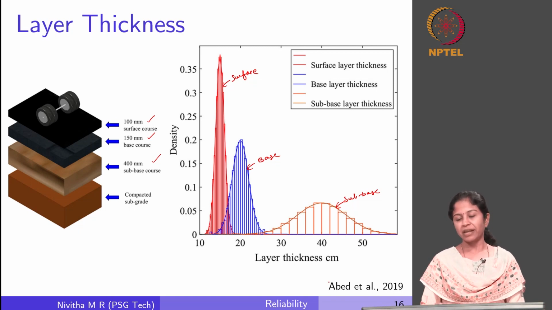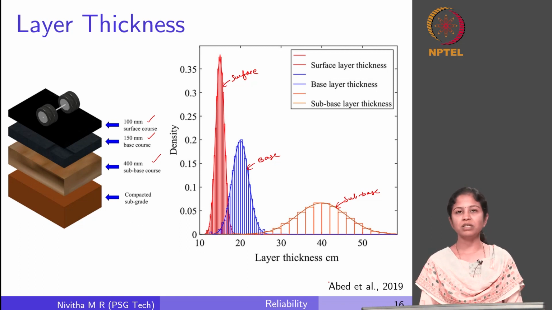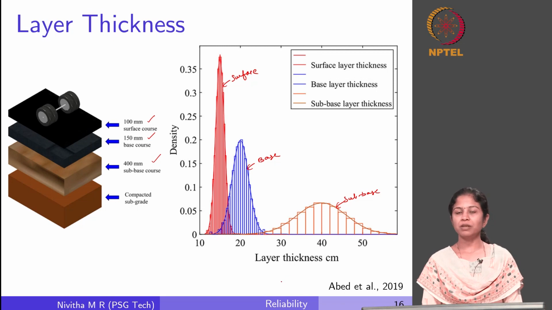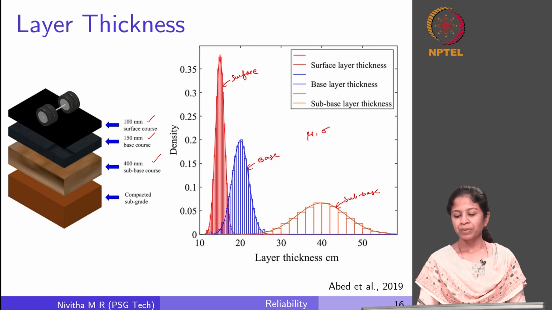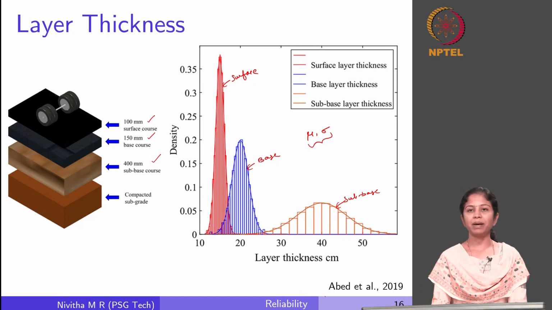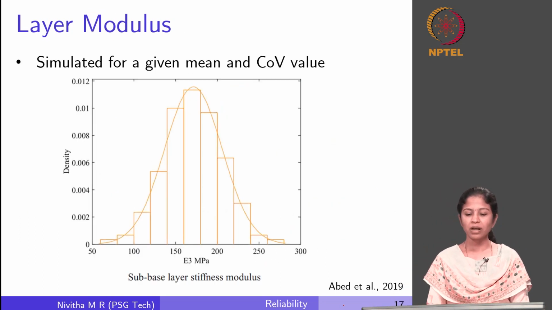So this variation that we observe in field, we can plot it and we can approximate it with any appropriate distribution. We know that a normal distribution is usually characterized by 2 parameters, one is the mean value and the other is standard deviation. So using these 2 parameters, we will be able to describe the variability for any parameter. If you look at this, this is the modulus for a given mean and coefficient of variation.